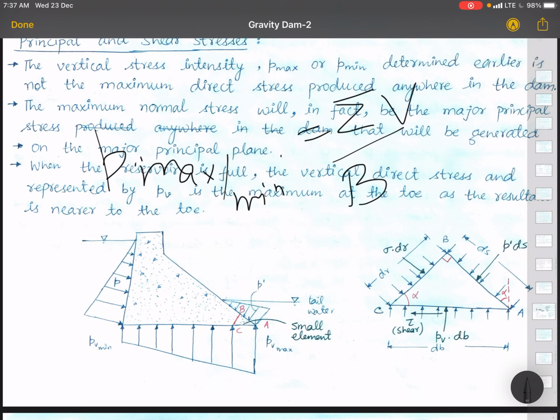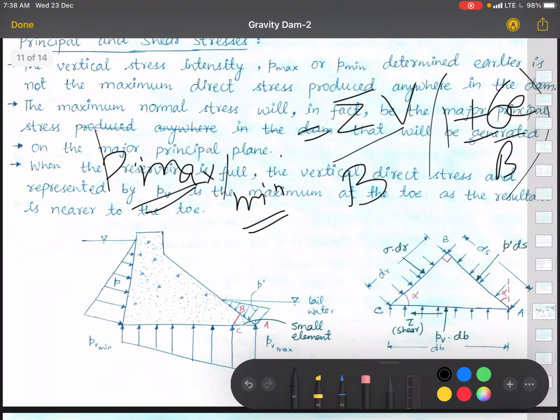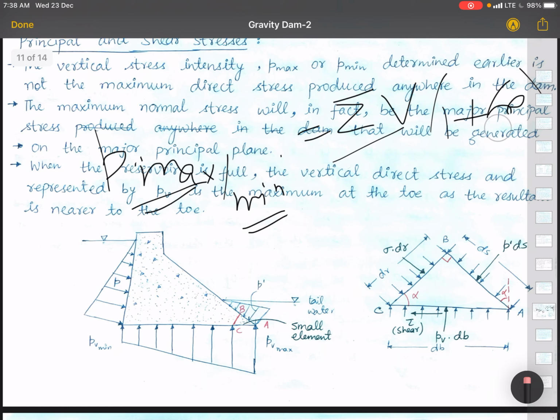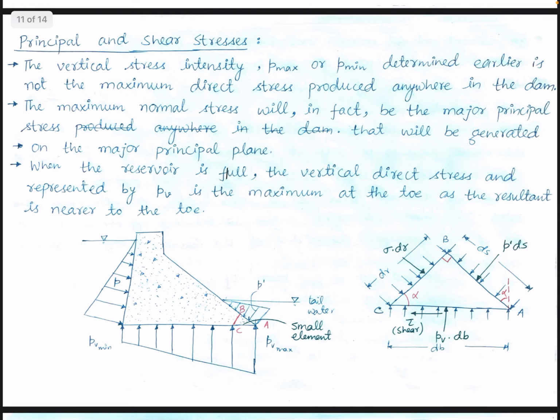Summation V by B into 1 plus minus 6e by B. This was the formula, but it is not the absolute maximum and not the absolute minimum, because maximum and minimum depend upon the magnitude as well as the direction. So the maximum normal stress will in fact be the major principal stress that will generate on the major principal plane.